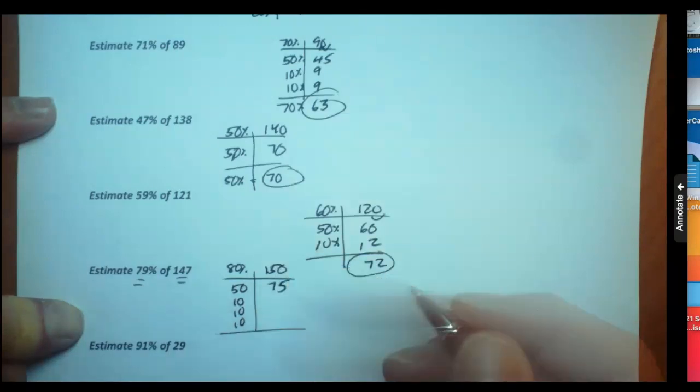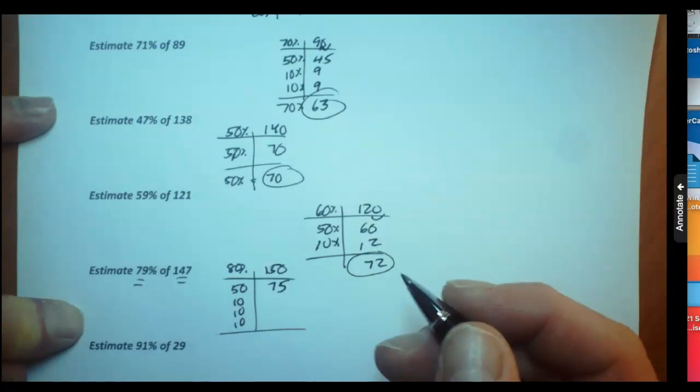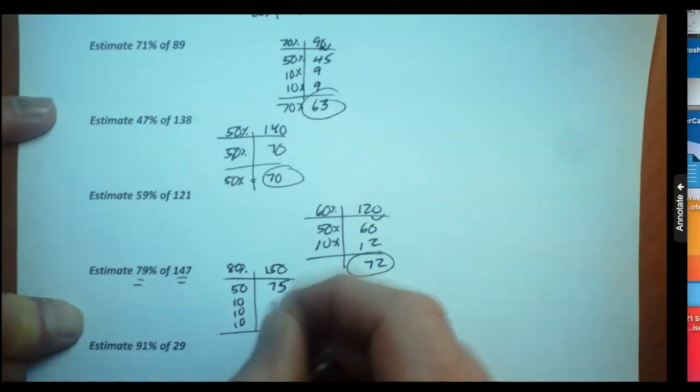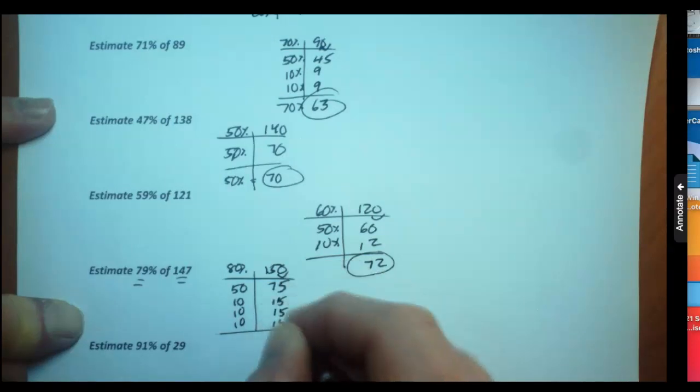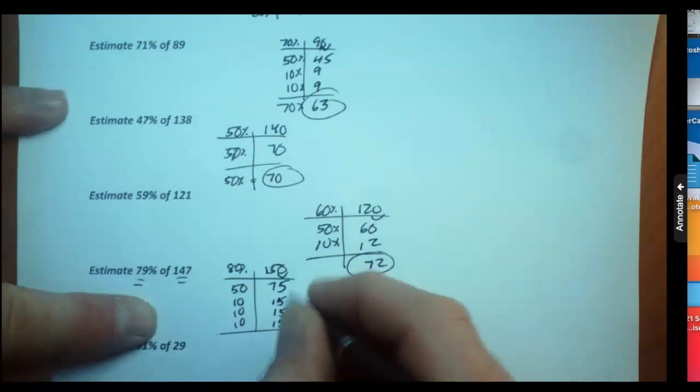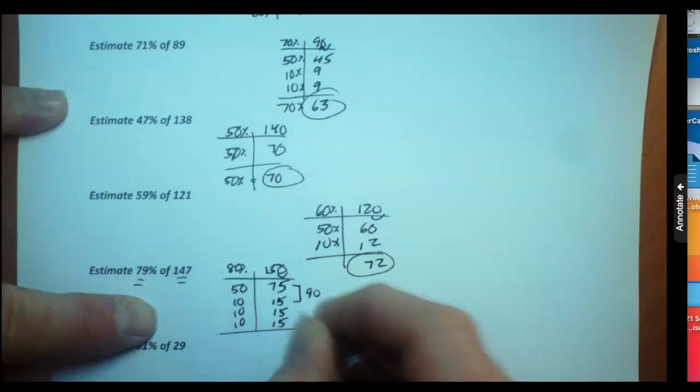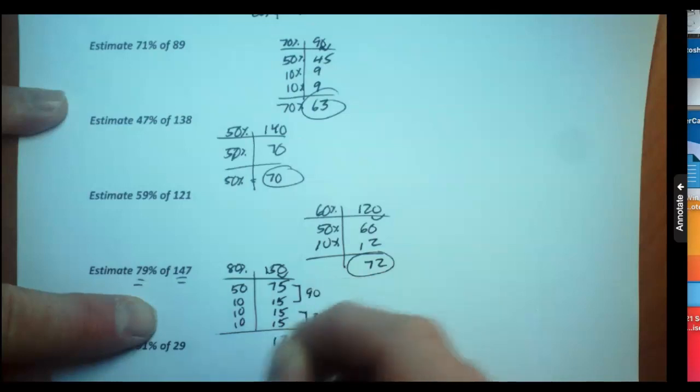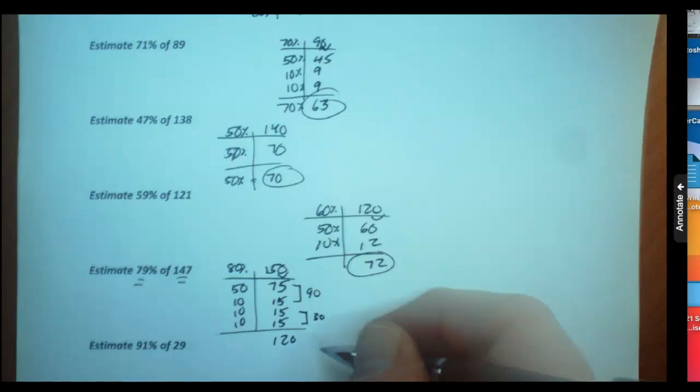And I know that because half of $1.50 is 75 cents. So 10% is going to be 15. Another 10% is 15, and another 10% is 15. So really, these two here together make 90. These two here together make 30. So I'm looking at 120 as my estimate.